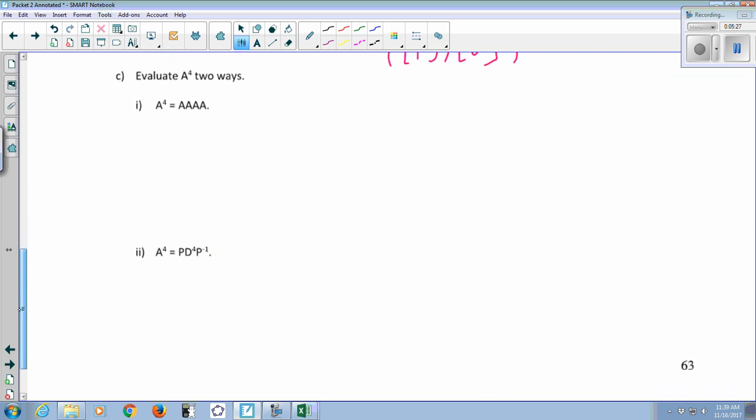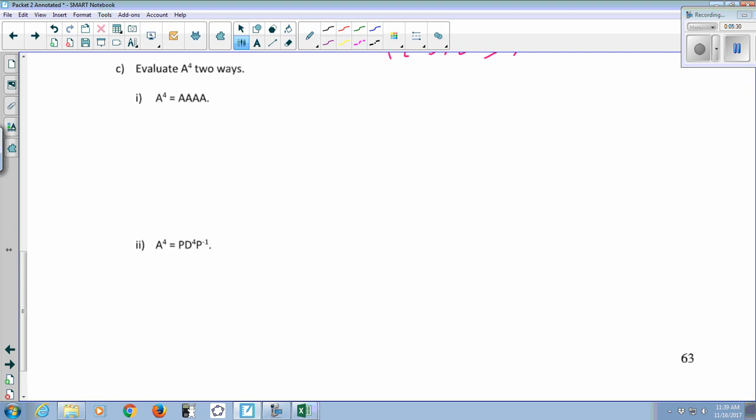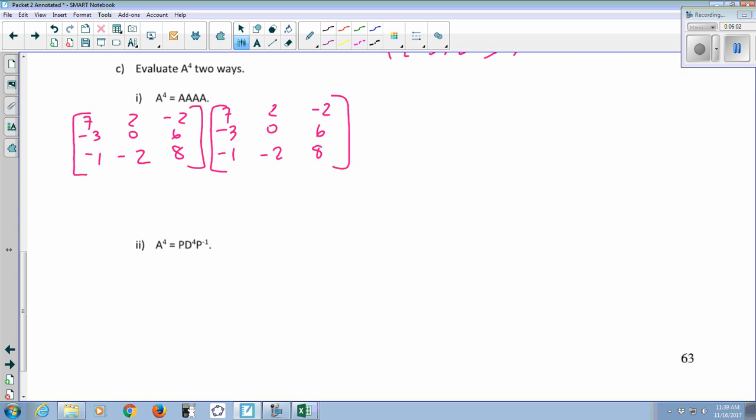What this factorization is good for is raising a matrix to a power. If I wanted to evaluate A to the fourth, that means A times A times A times A. I could actually do that out. I would have to do 7, -3, -1, 2, 0, -2, -2, 6, 8 times again, and then 2 more times.